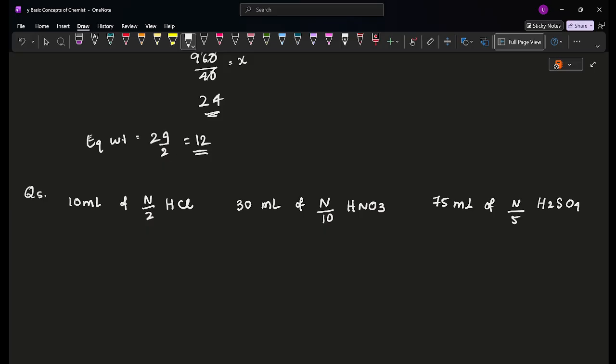Now, normality, according to what we've read, is N1V1 plus N2V2 plus N3V3 divided by V1 plus V2 plus V3. Since it's normality, we have to take into account the n factor of H2SO4, because HCl and HNO3 are 1, but H2SO4 is definitely 2.